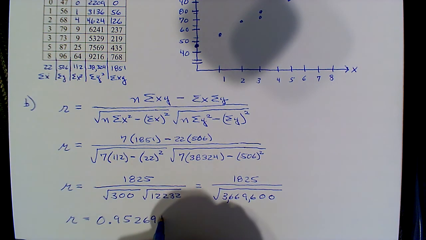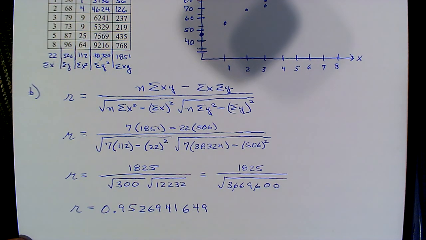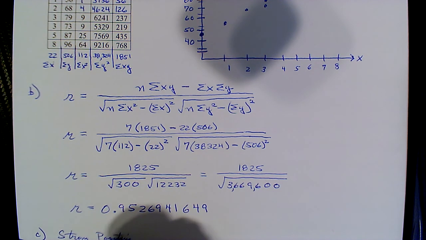I'm going to write them all down so you could double check your computations. Okay, so then that's our correlation coefficient. It's really close to +1. So therefore, we say a strong positive linear correlation.